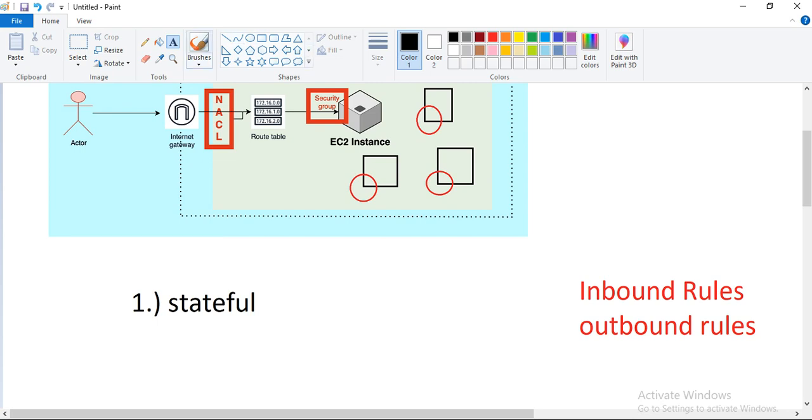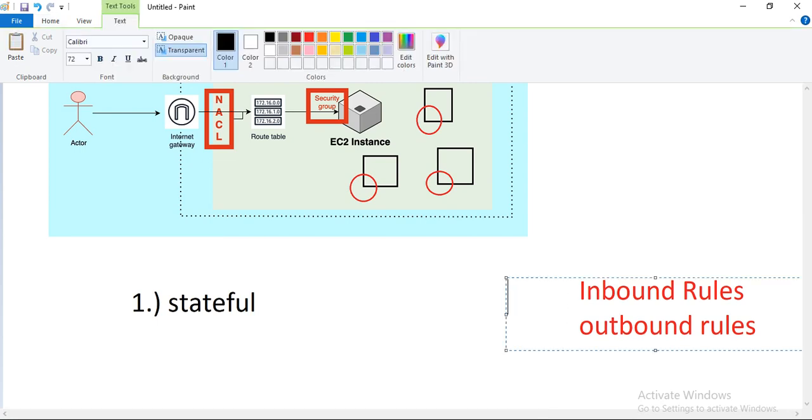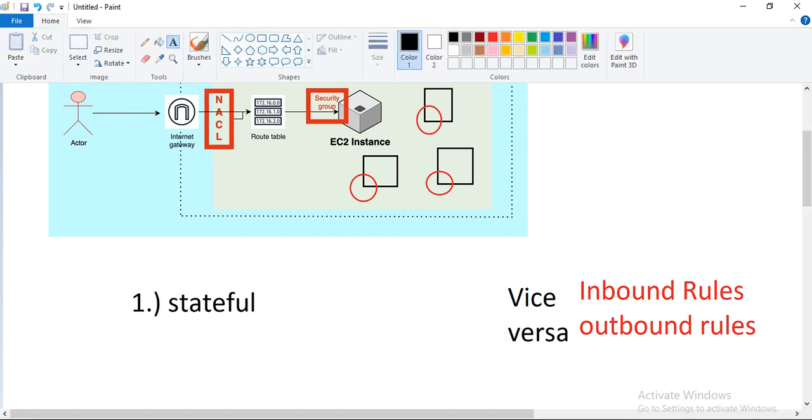Both are vice versa: if you allow something here, it will also be allowed over there.